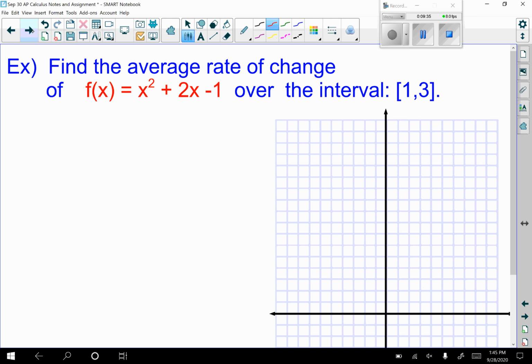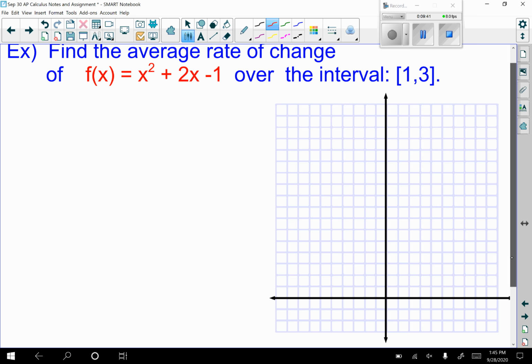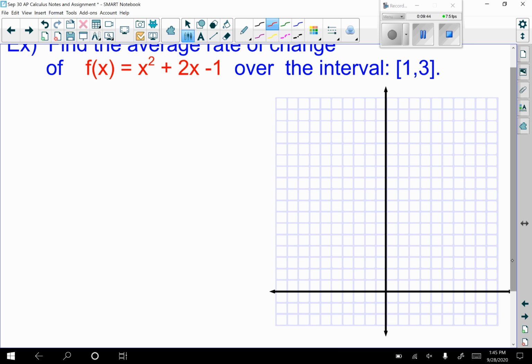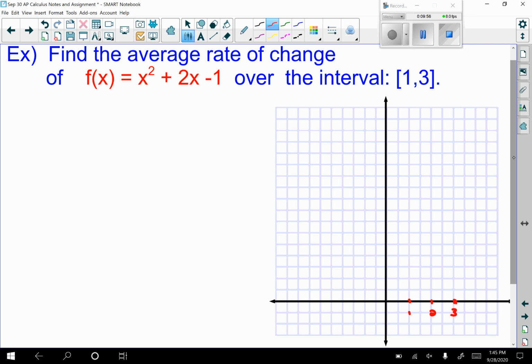All right, so first we're going to graph this quadratic function, just over the interval from 1 to 3. So when you go to number your coordinate plane, spread it out a little bit, and number high enough up on the y-axis here.